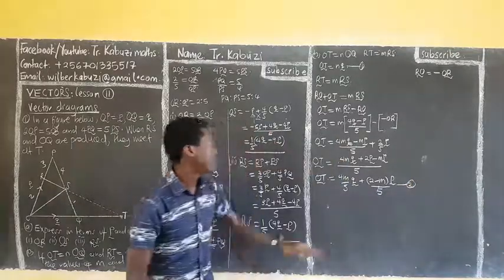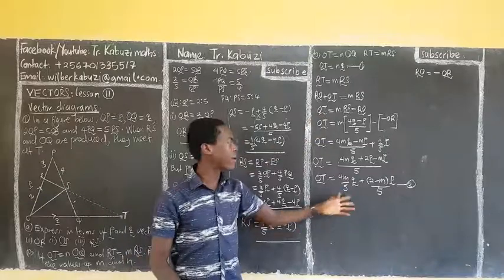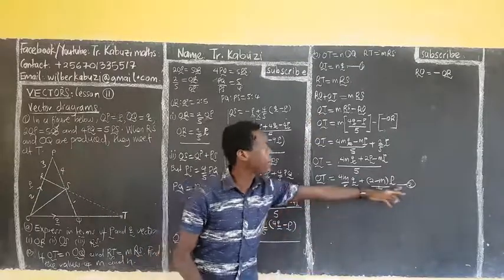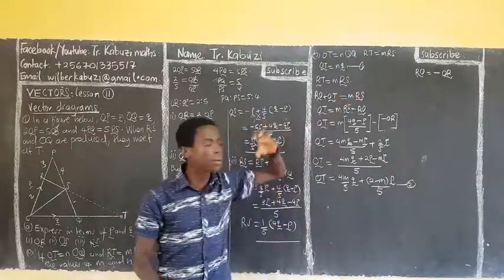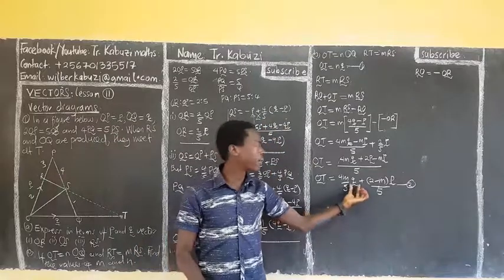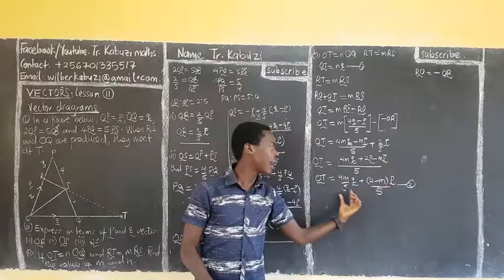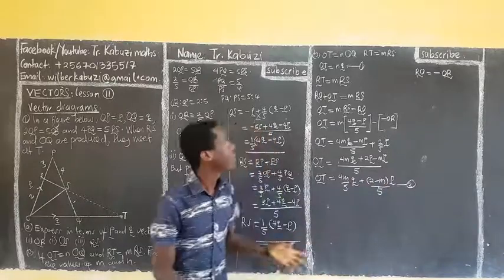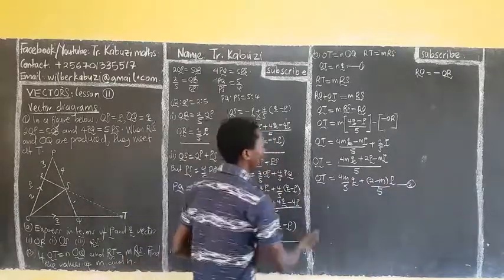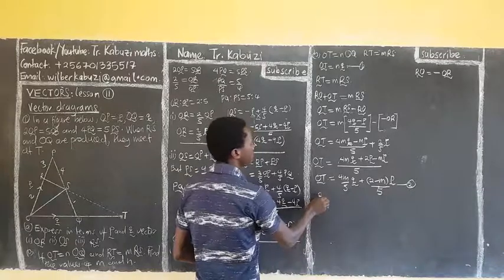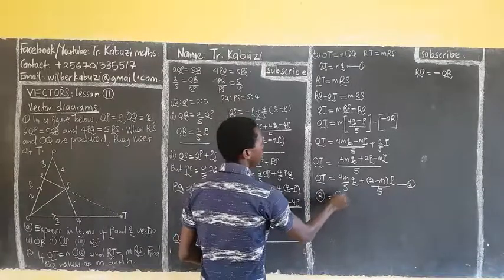So what we do always is that now I have another OT. What we are going to do, we are going to compare, because equation 2 is equal to equation 1. What you do, you always separate the coefficients of P and Q so that you can easily get their coefficients. So now equation 2 is equal to equation 1.